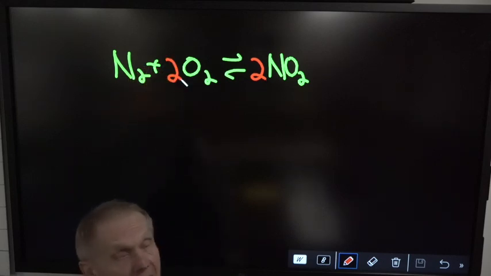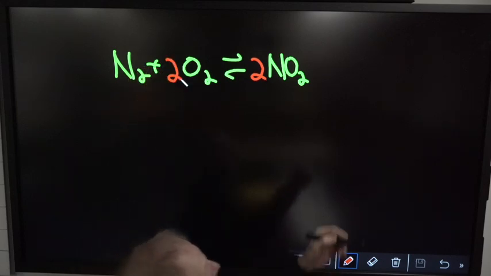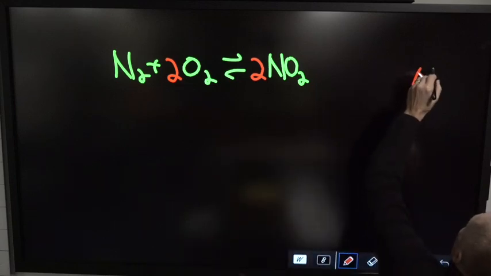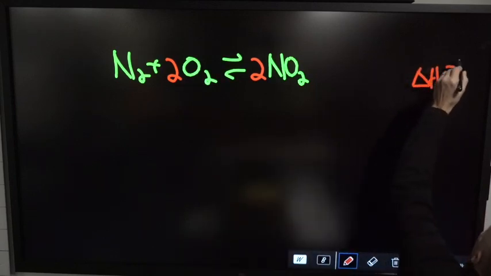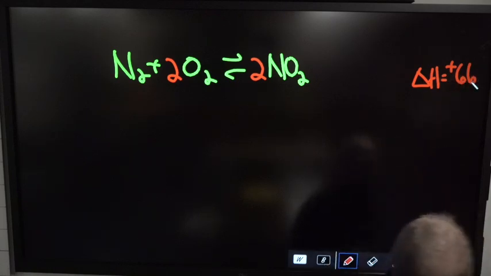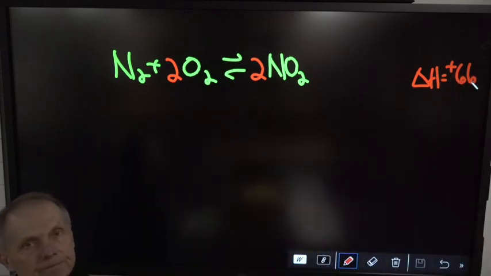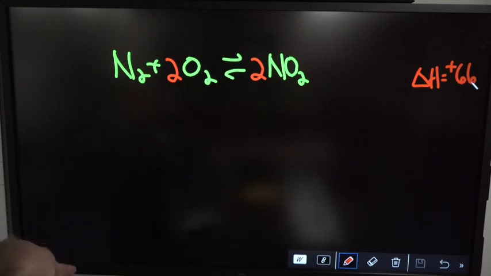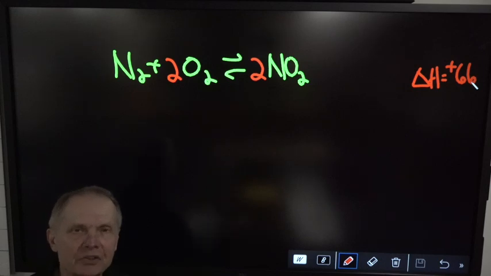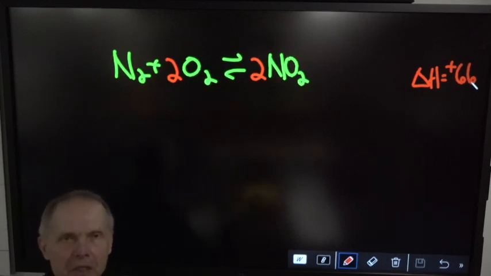All right? Now, what it says is this. Delta H equals a plus 66 for that reaction. Okay? So if it's a plus 66, that means delta H is positive. Positive means endothermic.